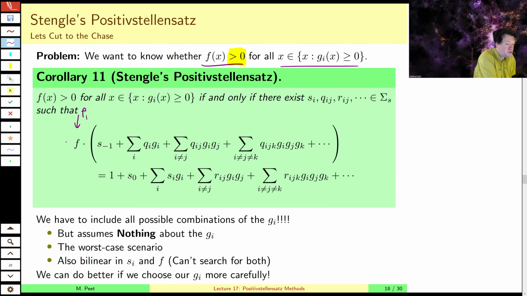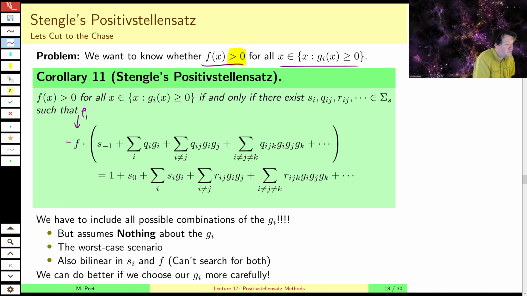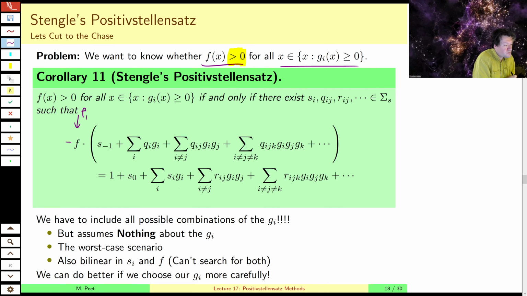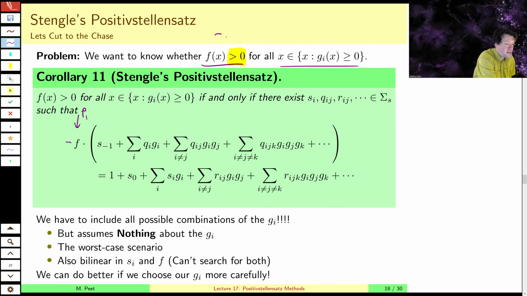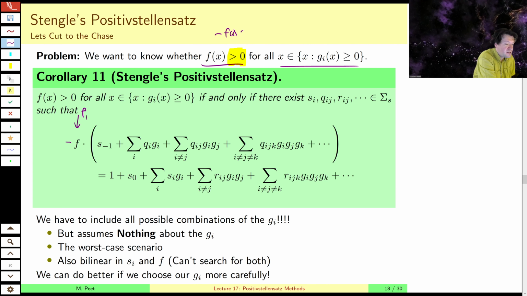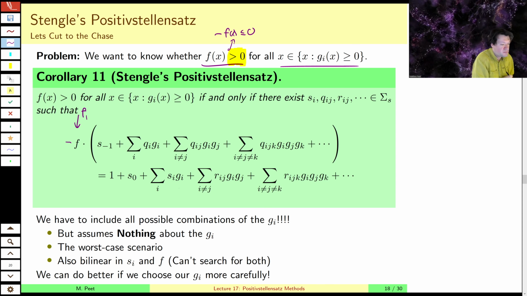Because remember, actually, we're trying to prove this infeasible for negative f, right? So when we're proving positivity, we're proving infeasibility of negative f less than or equal to 0, right? So that's where the positivity pops in.